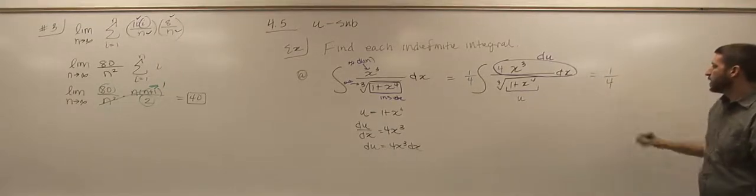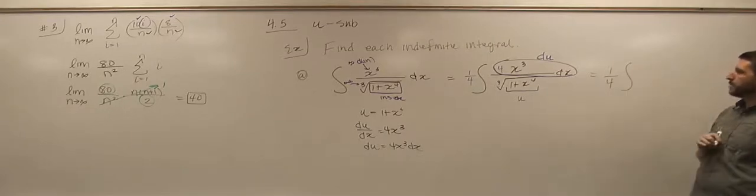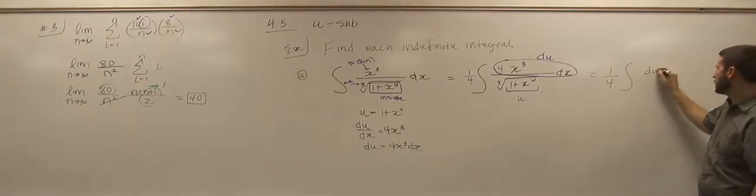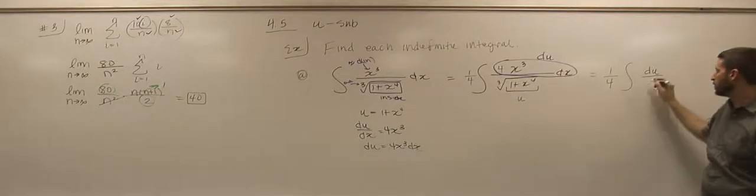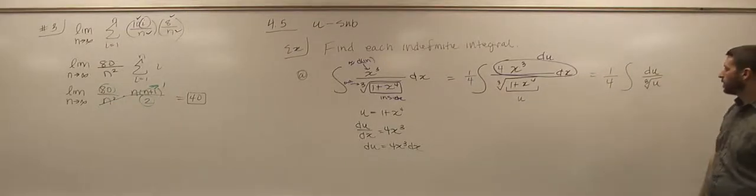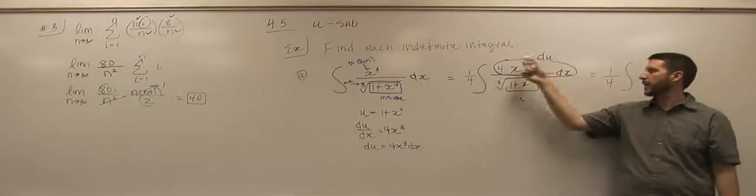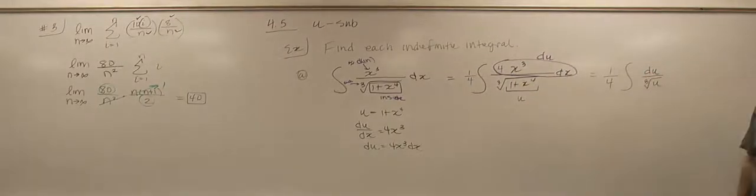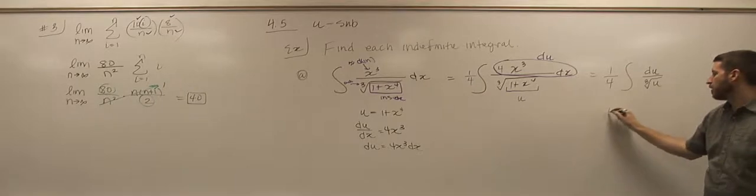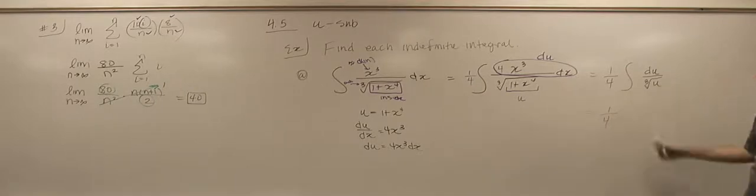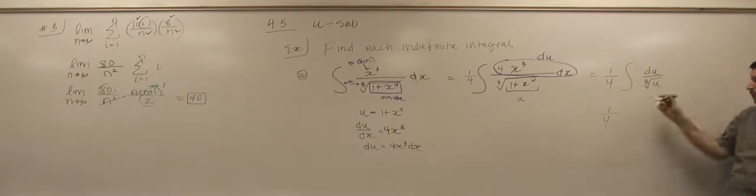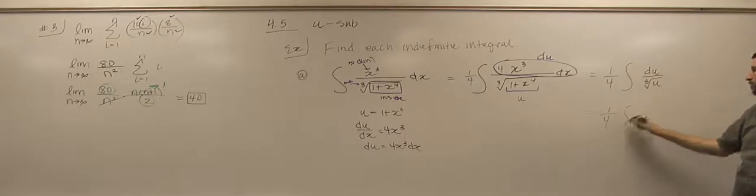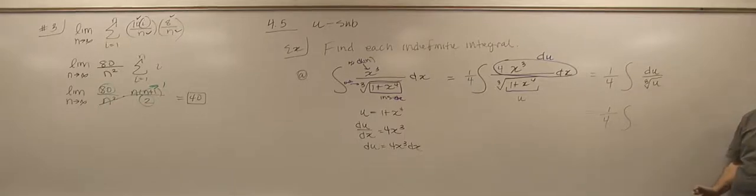So what does my integral become here? 1/4 integral of du over cube root u. Right, so on top I have du all together. On bottom I have cube root u. But I know to integrate cube root of u, or 1 over cube root of u, I'm going to have to bring it up.